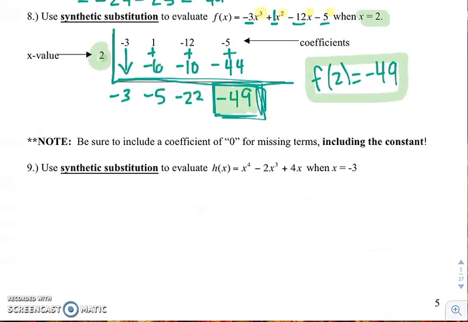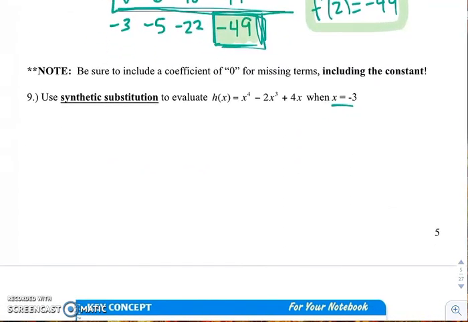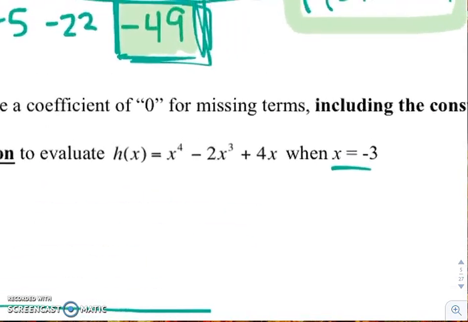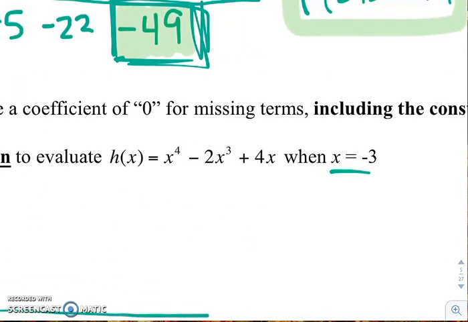So we're substituting in -3. So I know that that's going to go on my outside. And I'll just draw my box. Now what we have to be careful with here, guys, is we're starting at a 4th degree, which means we need a 4th, a 3rd, a squared, a 1st, and a constant.